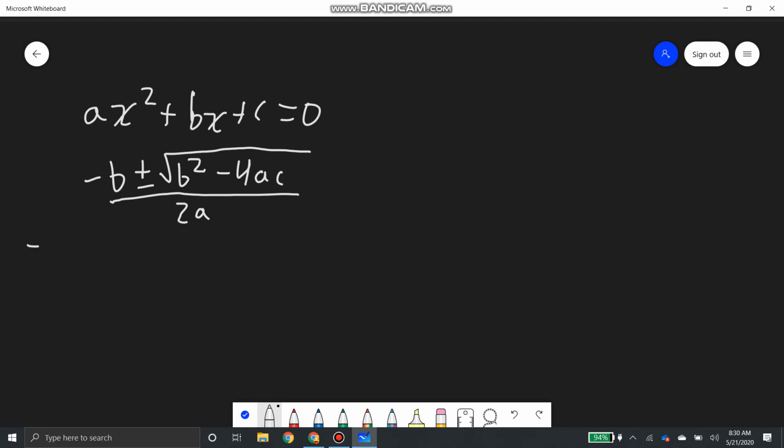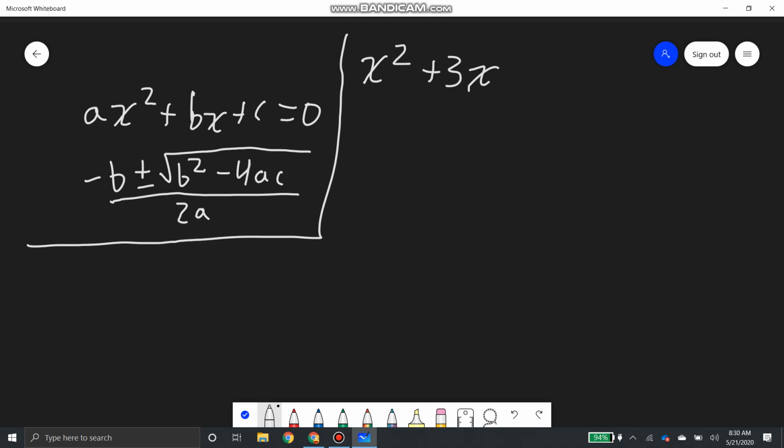So, with that information, let's go on ahead and try one. Here, x squared plus 3x minus 10 equals 0. Now, this problem looks a lot like this one, except the a, b, and c are replaced by different stuff.